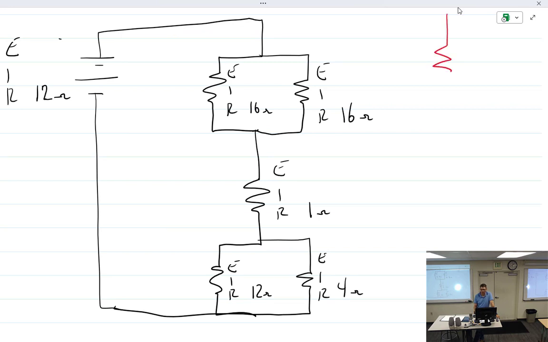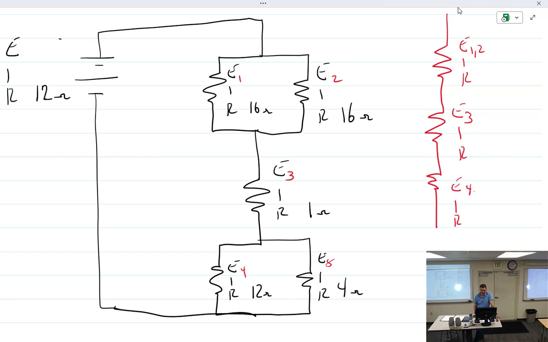So 1, 2, 3. So EIR of 1 comma 2, this has to be 1, that's 2. This is EIR 3 because this will be 3. This will be 4. That'll be 5. So this one is EIR 4 comma 5.